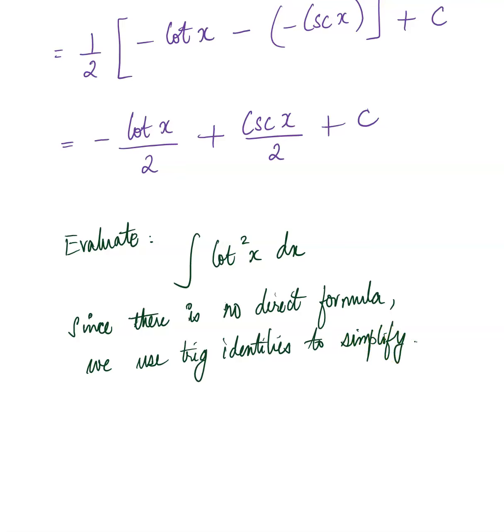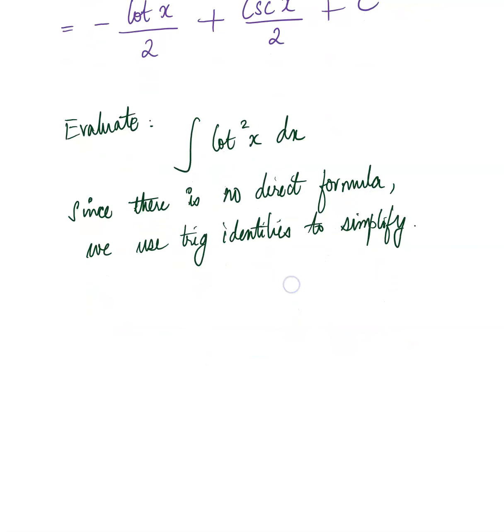If it was an algebraic expression that was not directly helpful, then we have to use algebra techniques to simplify. But here, because it's trig, we have to use the trig techniques, and usually we use the identities. So we have this identity which says, because this involves a square, the first thing that comes to my mind is the Pythagorean identity.